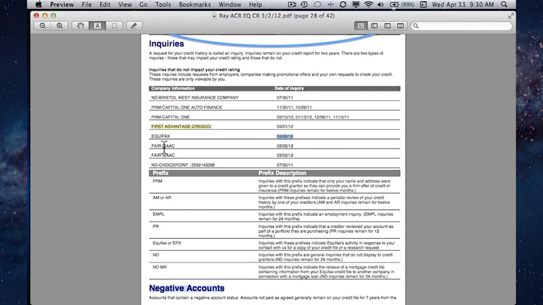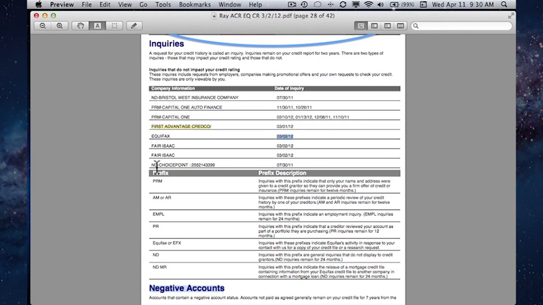And then Fair Isaac, it was pulled for TransUnion and Equifax because we will be using this same client when we review the myfico.com credit reports. Those were pulled on the same day and those show up, but they are consumer disclosures. The only one here that is not, see, there's an ND, PRM.